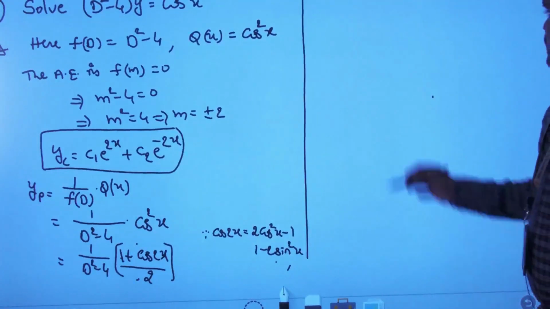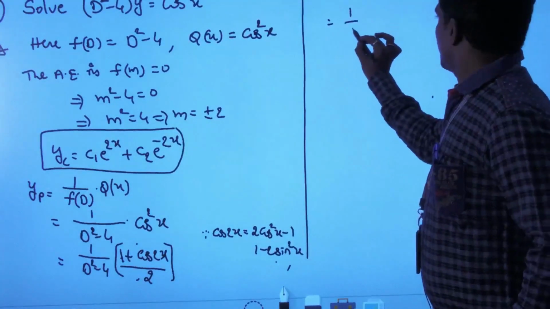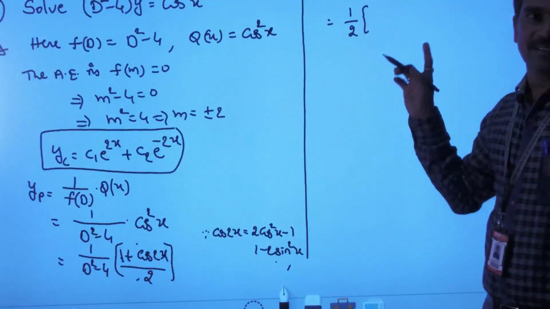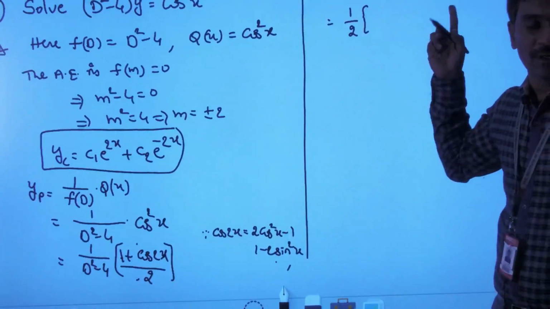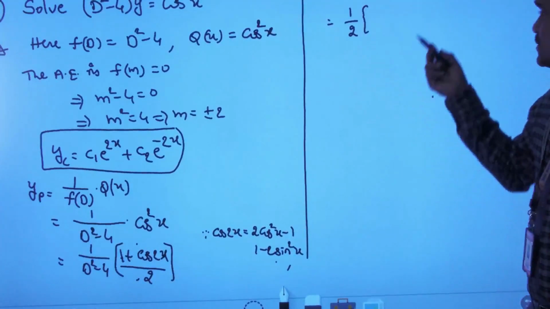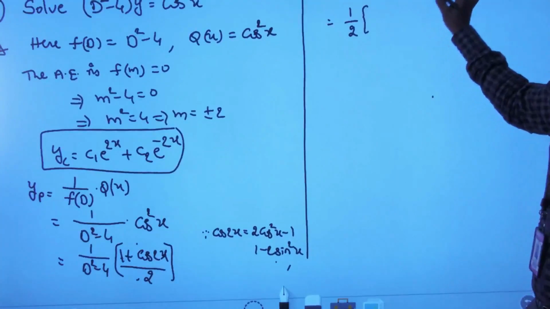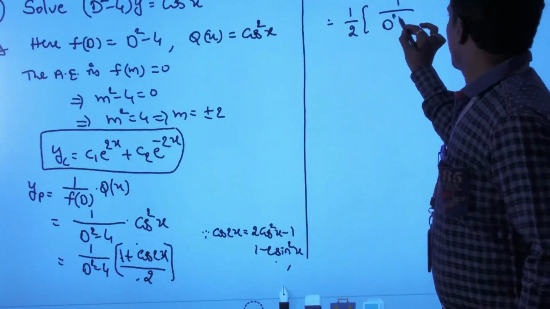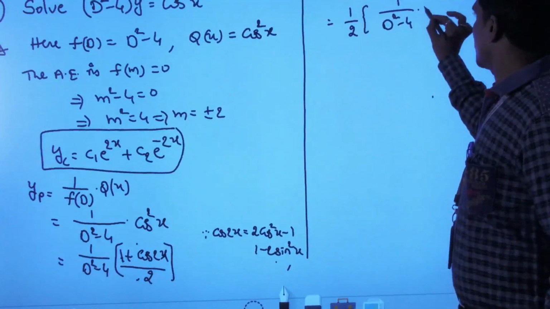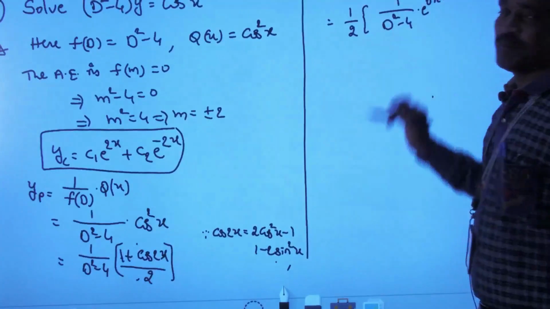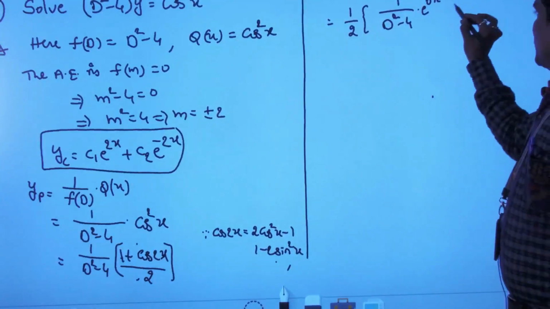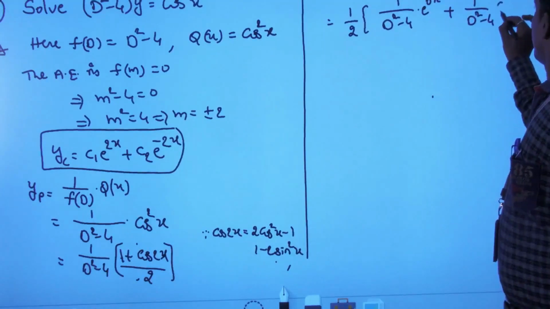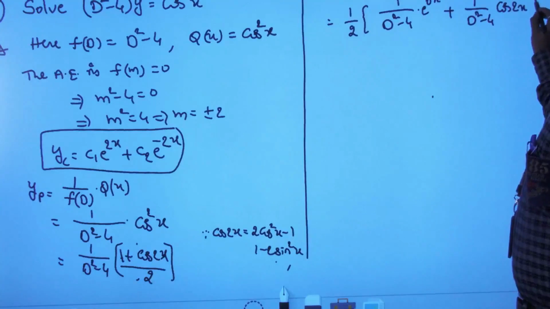Here we have a constant. Last class we discussed how to write when q is constant. So 1 by d square minus 4 into the constant, which can be written as e power 0x, plus 1 by d square minus 4 into cos 2x.